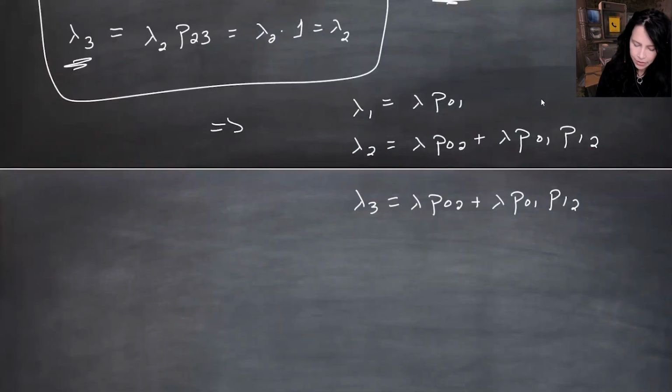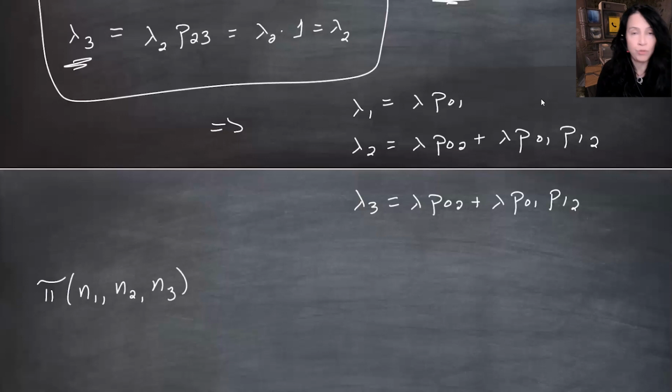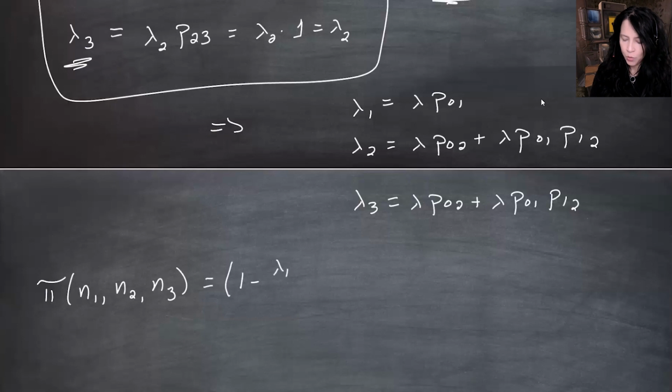Okay, so Jackson's theorem says that the probability of seeing exactly N1, N2, and N3 customers, if you look at the different stations, is going to be 1 minus lambda 1 over mu 1, times lambda 1 over mu 1 to the N1.